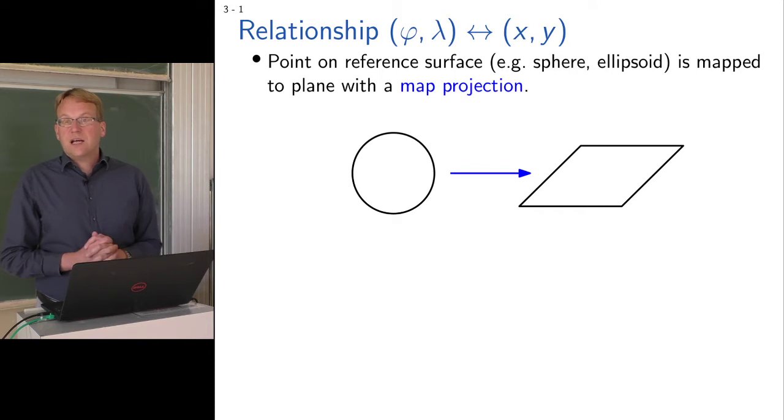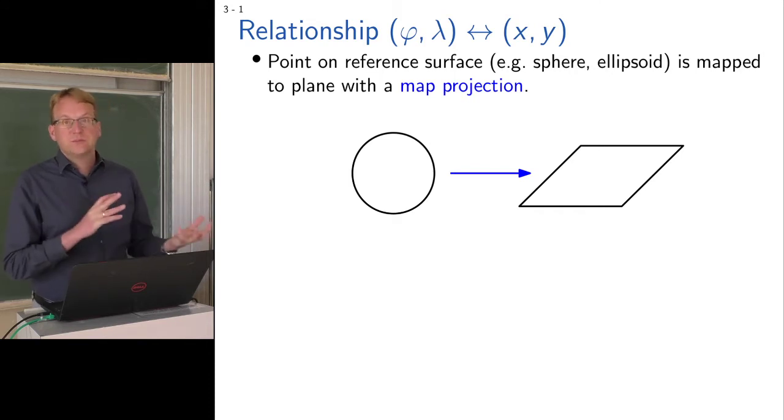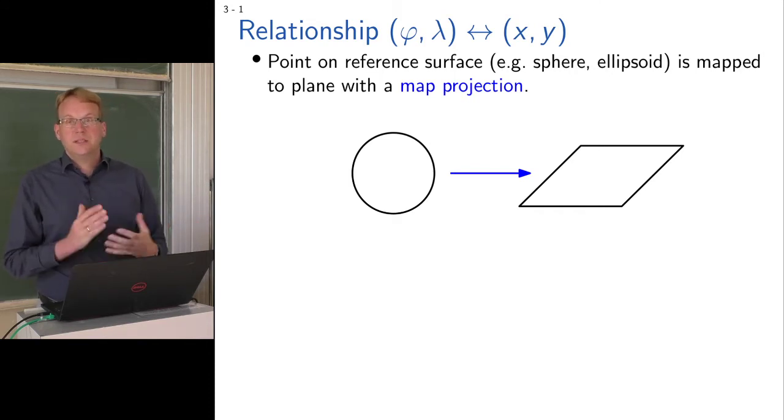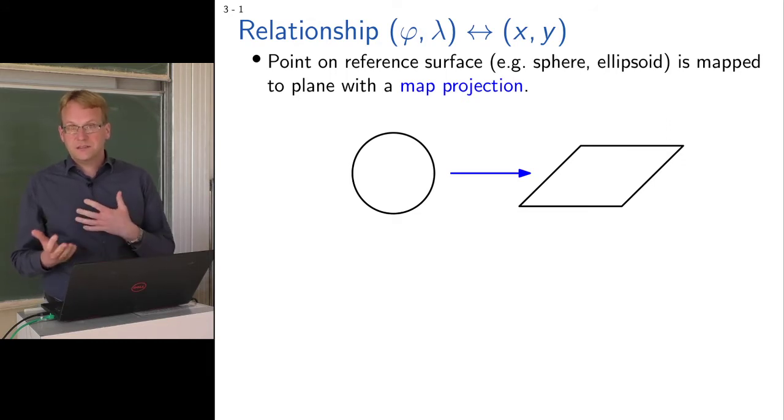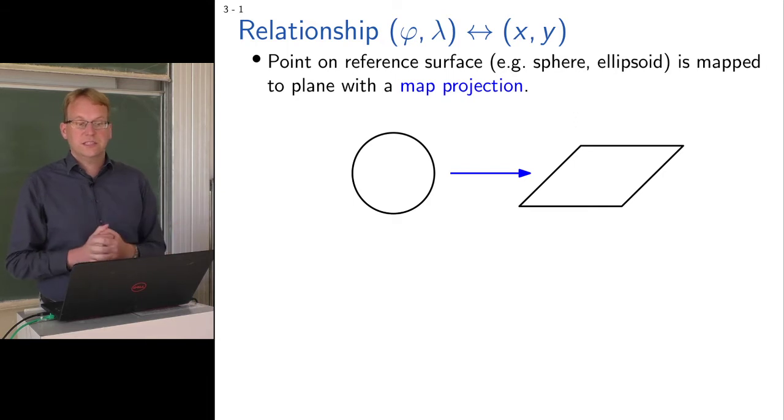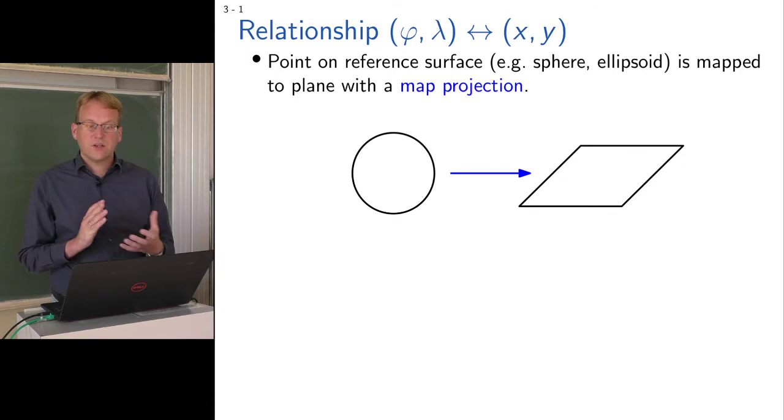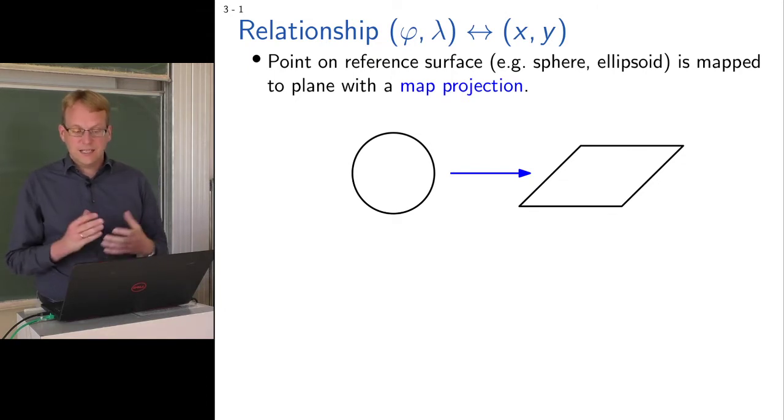So that's our task for today, to talk about the relationship between these spherical coordinates phi lambda and the plane coordinates, the projected coordinates x, y. That's done with a map projection, mapping the sphere to a plane, and that always implies some distortions.